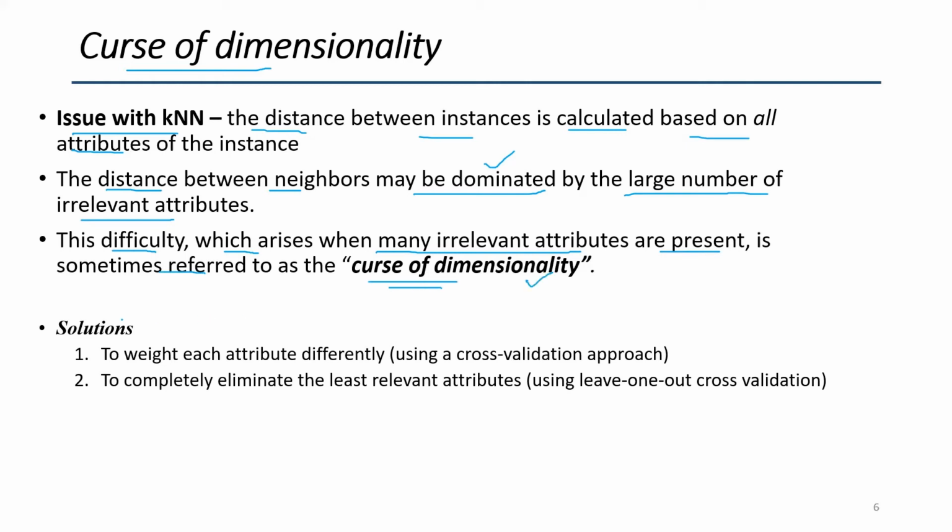So how to overcome that? There are two solutions. First one is to weight each attribute differently. For the first two features, we will give higher weight, and for the rest of the 18 attributes, we will give very little weight, so they will have less impact.